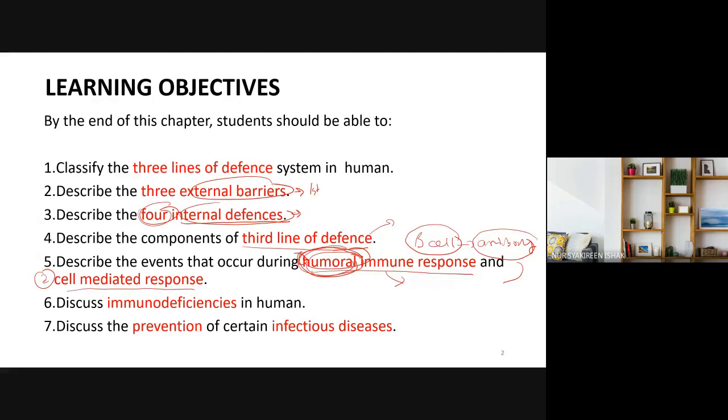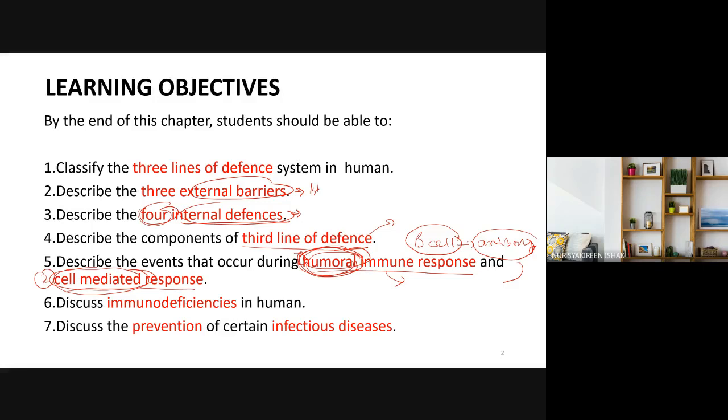Okay, humoral. And then for the cell-mediated response, it involves cytotoxic T cell. Okay, so why do we call it as cell-mediated responses? Because for this one, is to attack pathogen that infected your body cell. Okay, pathogen yang ada dalam punya body cell ni, itu tugas cytotoxic T cell.